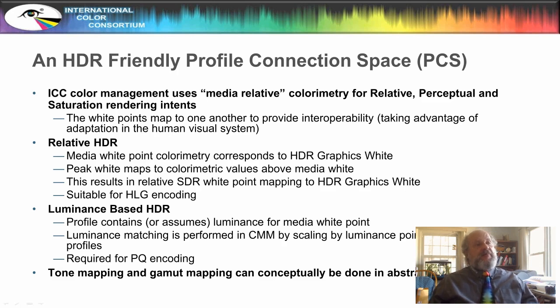The idea there would be to have a media white point colorimetry that corresponds to HDR graphics white, while the peak white maps to colorimetric values that are above the media white. This would result in a relative SDR white point mapping to HDR graphics white, so it would be interoperable with existing legacy ICC color management, and this is suitable for HDR encoding.